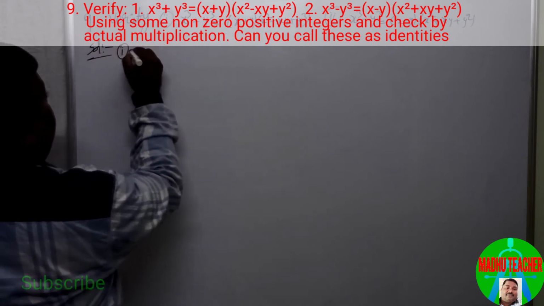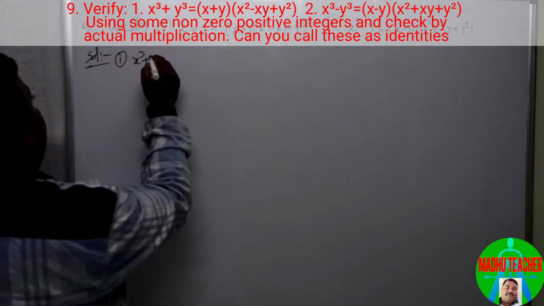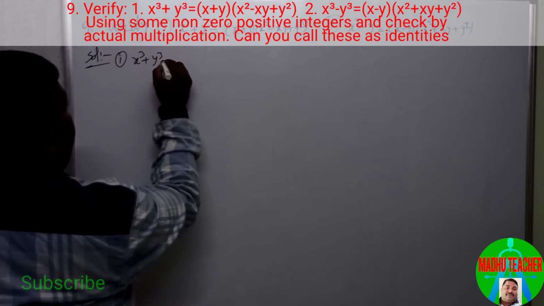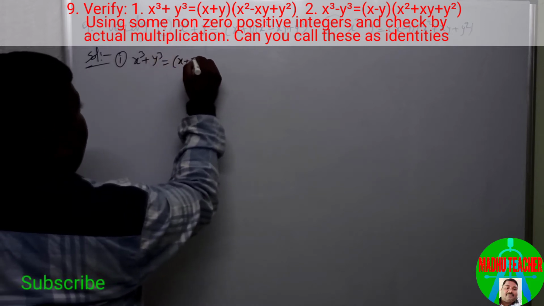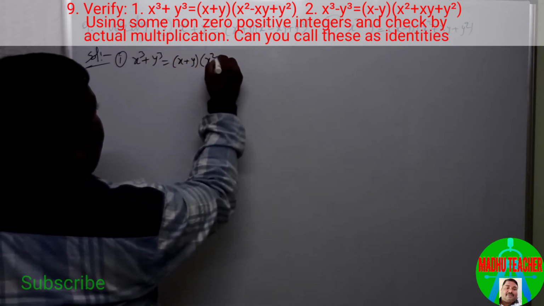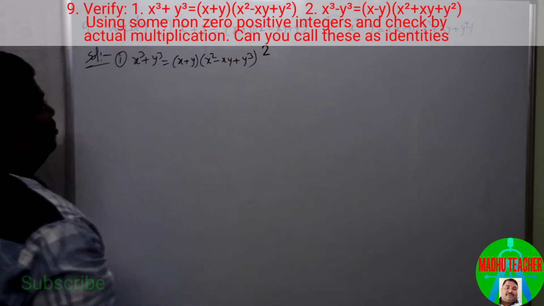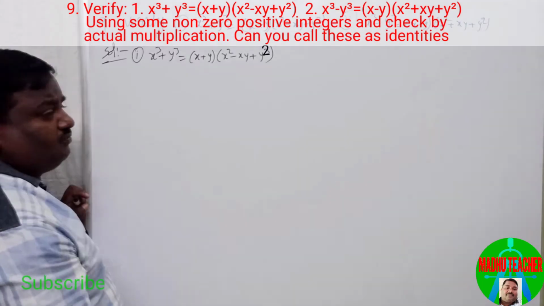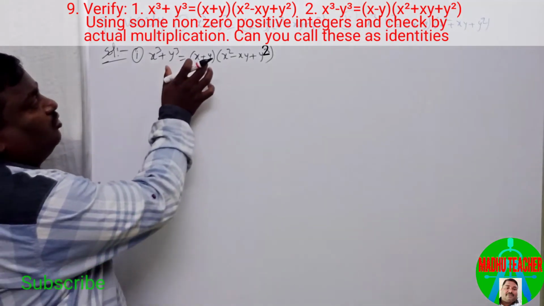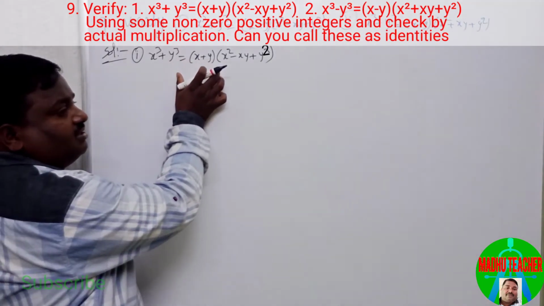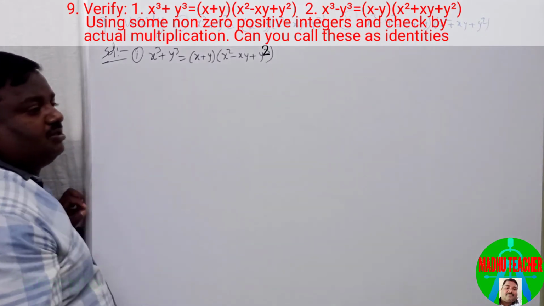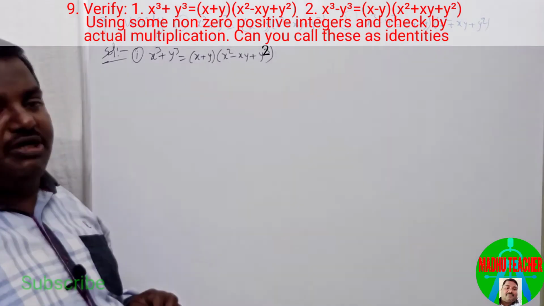The first one is x cube plus y cube equals (x plus y) into (x square minus xy plus y square). So you have to verify. What you have to do? You have to verify this by some non-zero positive integers.